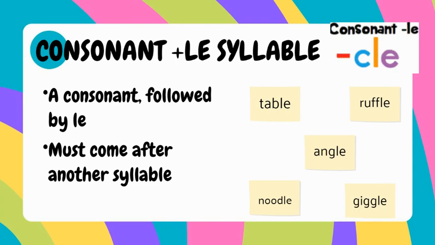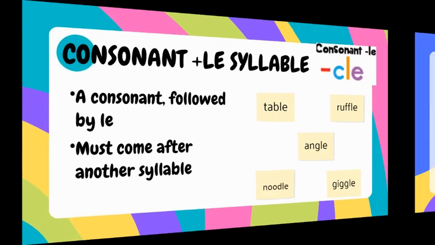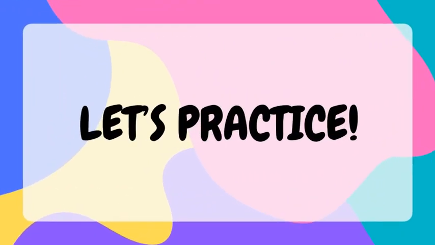Once they realize that this is a rule, our scholars will most likely split the word table and put a line between the A and the B, because the BLE cannot be split up. So these rules are powerful for our scholars. Now let's practice and see how well we can identify these syllables.